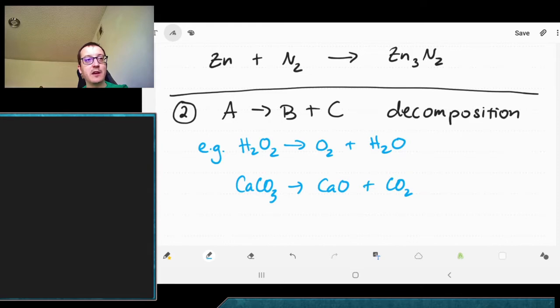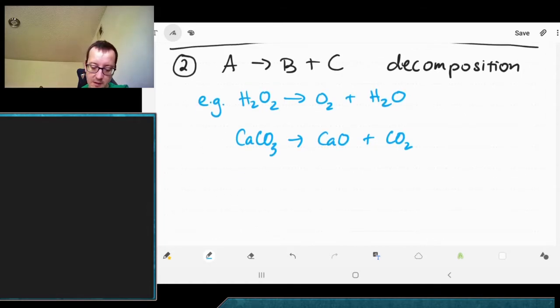So we'll have some substance that's just breaking down, and as it does so, it's going to be producing multiple components. Nitric oxide breaking down. These are going to be the only ones where you're going to see one reactant. That's going to be your hint it's a decomposition reaction.